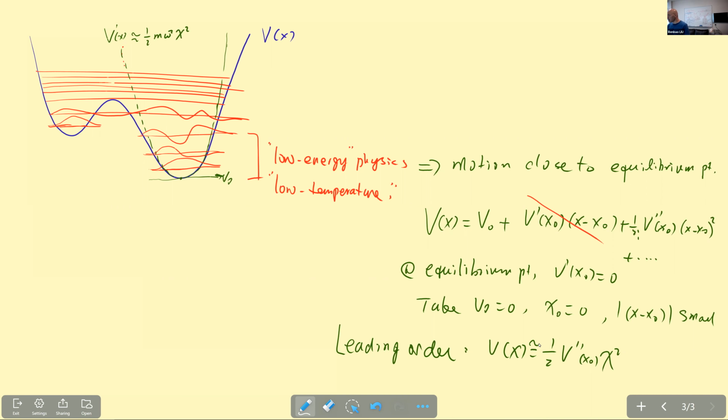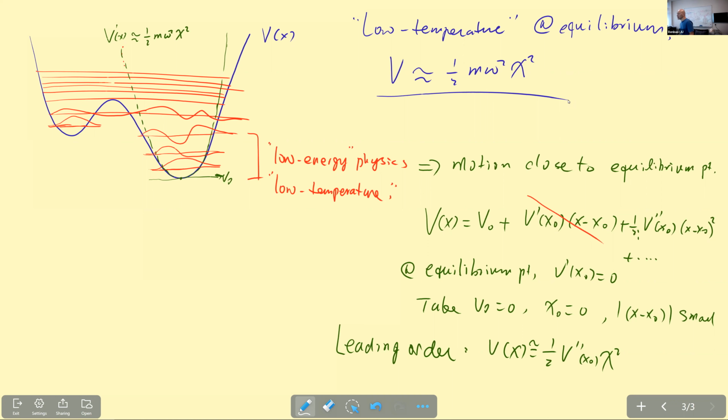So you can see that this harmonic oscillator can be a good approximation if you are interested in the low energy physics at thermal equilibrium, okay? So that means if you are interested in the low temperature at equilibrium, okay, V is approximately 1/2 m omega squared x squared, okay, right?